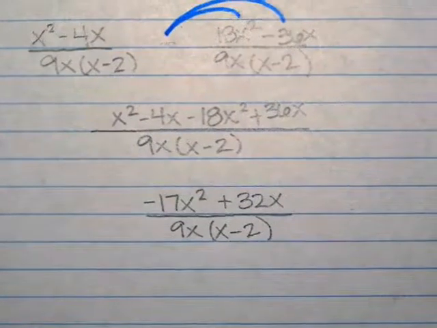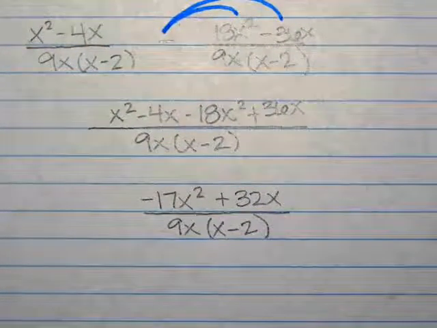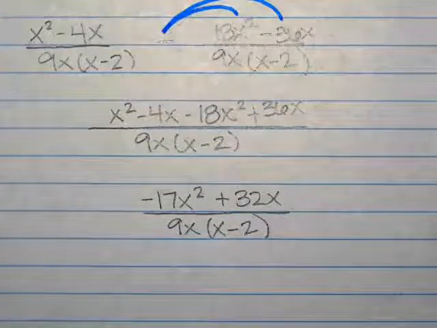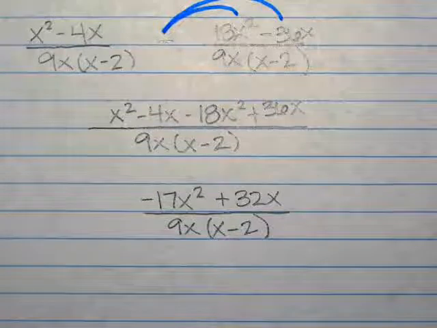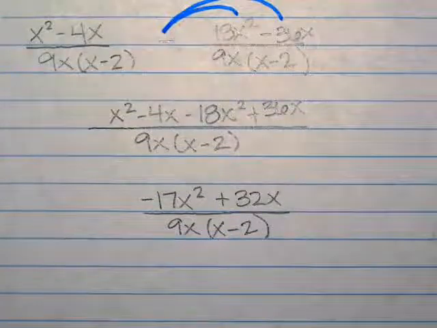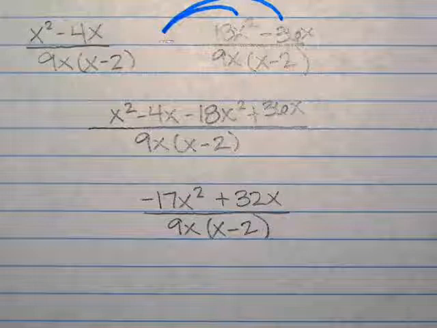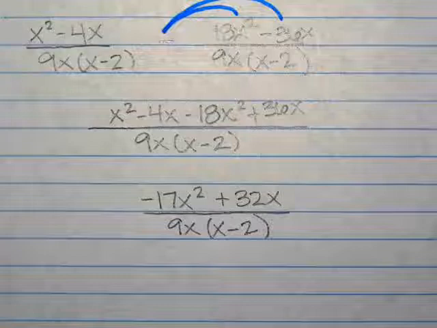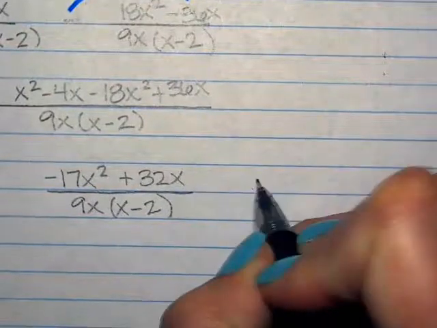And then what type of factoring do I do for the top? GCF. And what's the GCF on the top? We take out the negative, and then what do we take out with the negative? An x. Okay, so we're going to take out a negative, and we're going to take out an x. So I'm going to do -1 and an x.